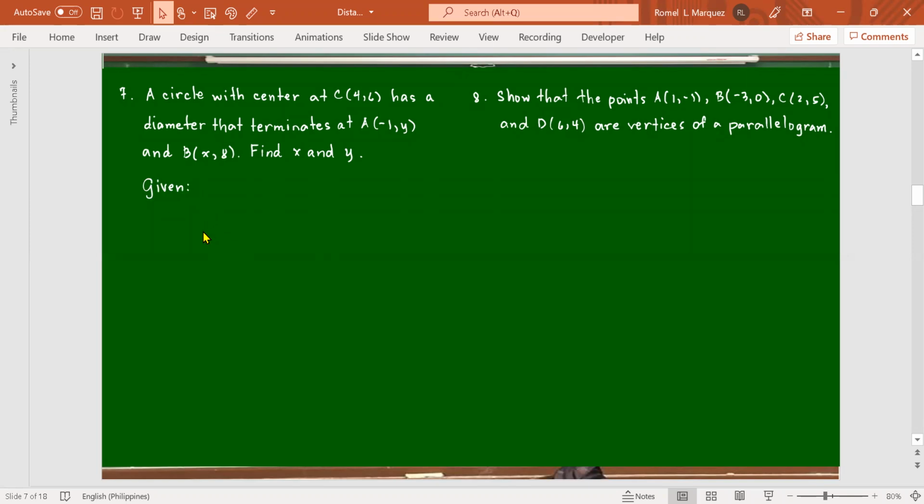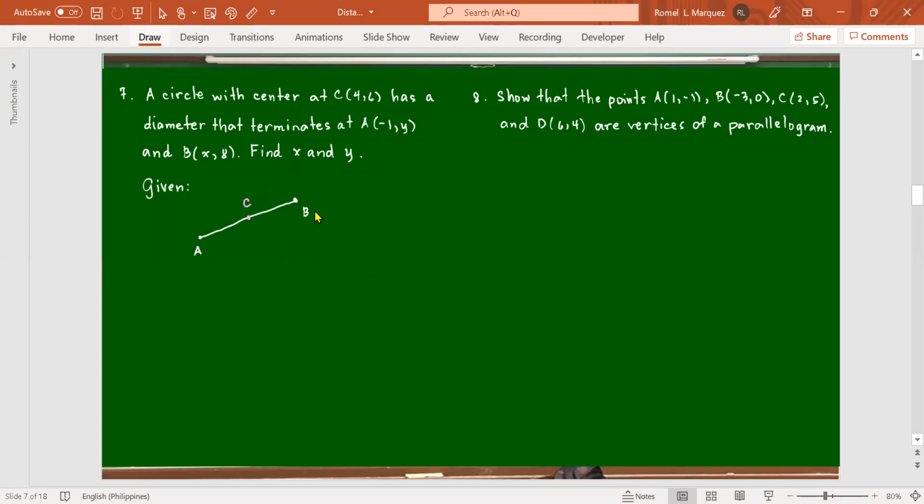Even not in the Cartesian plane. Let's say this is our segment. Okay, point A, point B. The center is here. Let's call this the center of that circle.